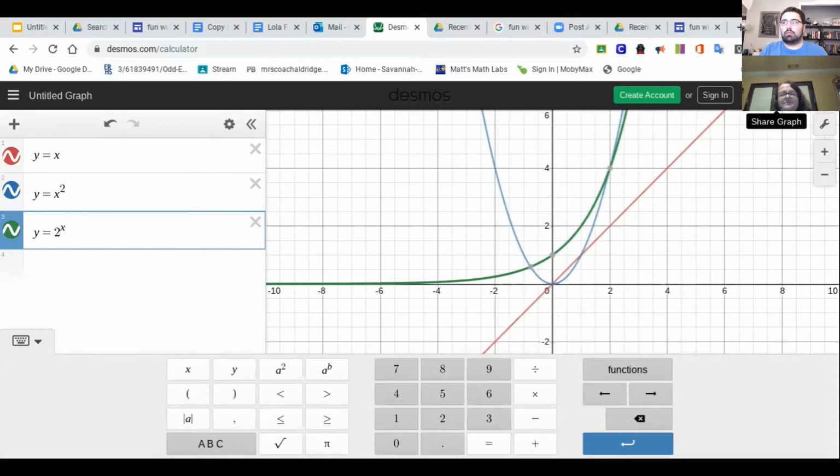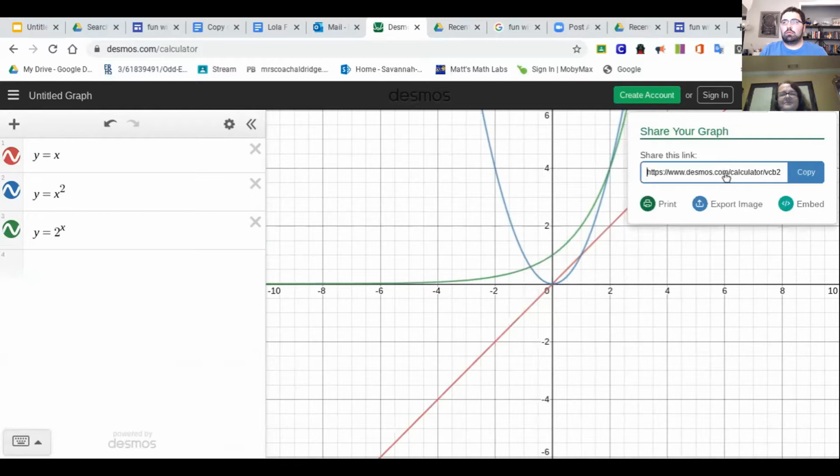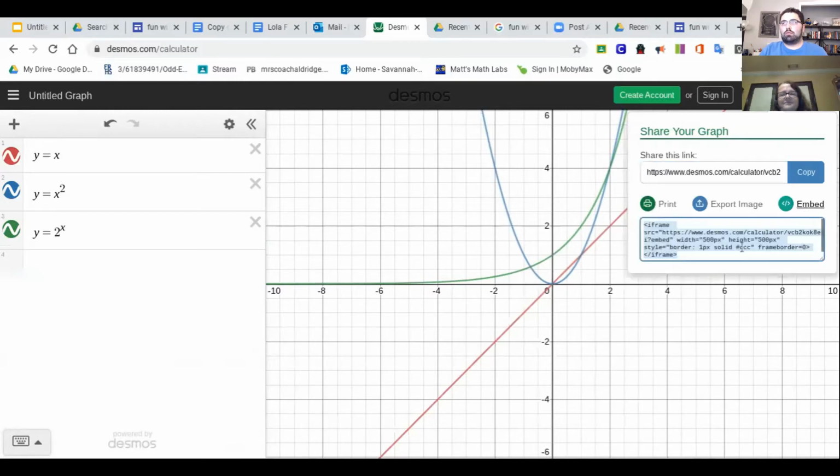If you click on that, it gives you an option of how you want to share the graph. You can import the image, which might be nice if you need to print it, or look at this one, embed it. If you want to embed it right there so you don't have to worry about it, there's the code.